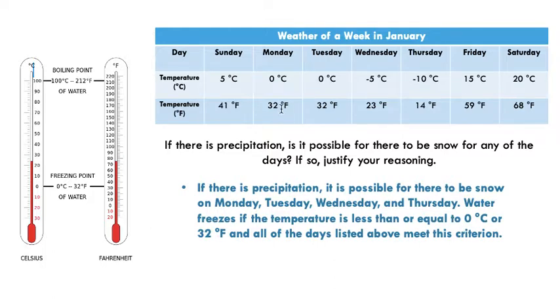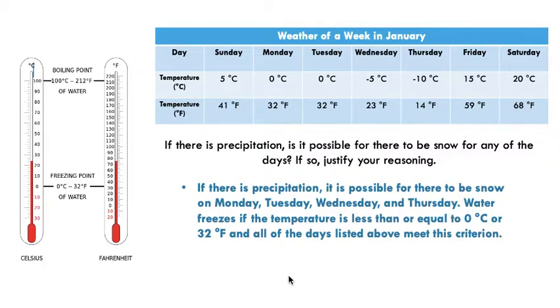32 degrees Fahrenheit for Monday and Tuesday is right on the dot, so it is cold enough to snow. 23 degrees Fahrenheit is less than 32 degrees Fahrenheit, so it is cold enough to snow. 14 degrees Fahrenheit is also less than 32, so it's also cold enough to snow. And 59 and 68 degrees Fahrenheit are not cold enough because they are not less than 32.